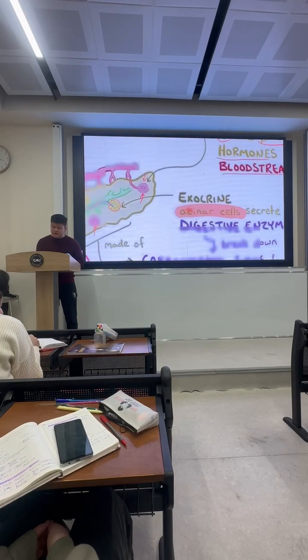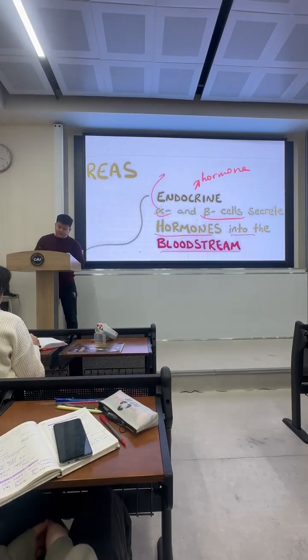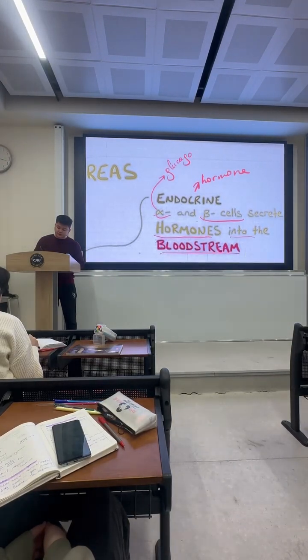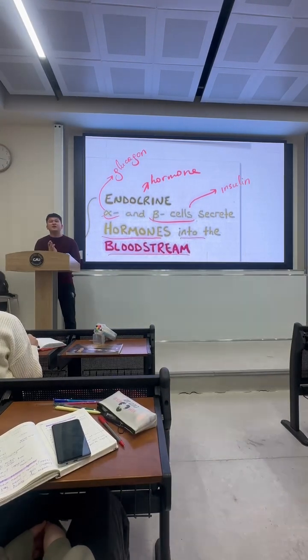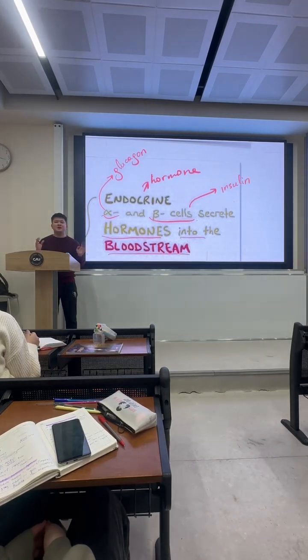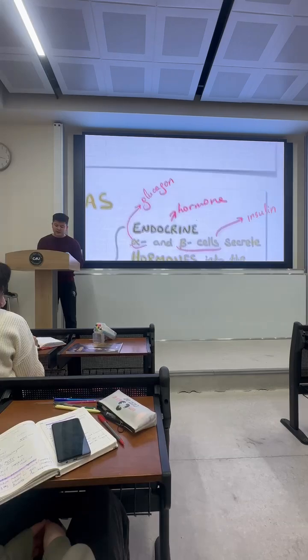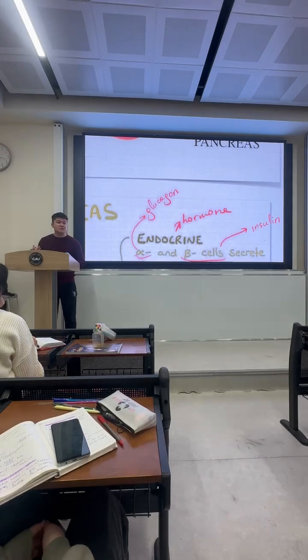Alpha cells and beta cells. Alpha cells secrete glucagon, and beta cells secrete insulin. Let's start with hungry. When I'm really hungry, when I'm fasting, when I'm starving, I have a lot of glucagon. Why?